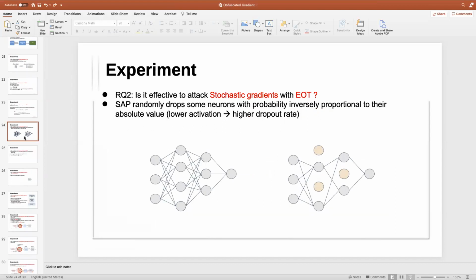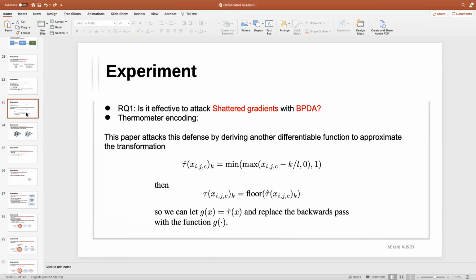The second research question is: is it effective to attack stochastic gradients with expectation over transformation? Wait, I still have a question about the last slide. Is the floor function differentiable? Remember, we apply the step rule, and the step rule just uses a floor function to enhance it.